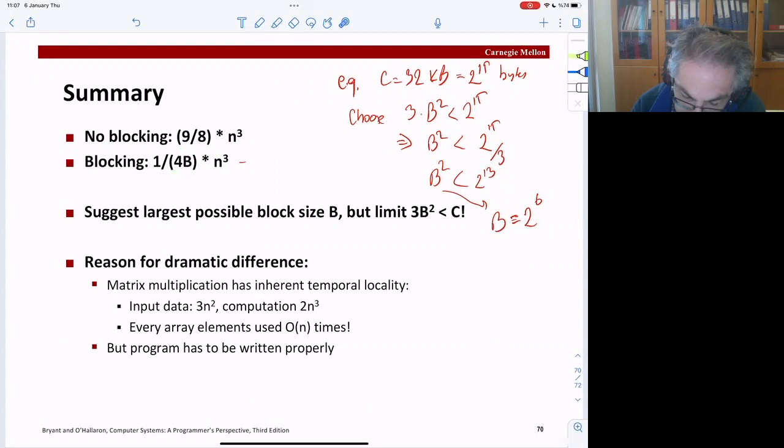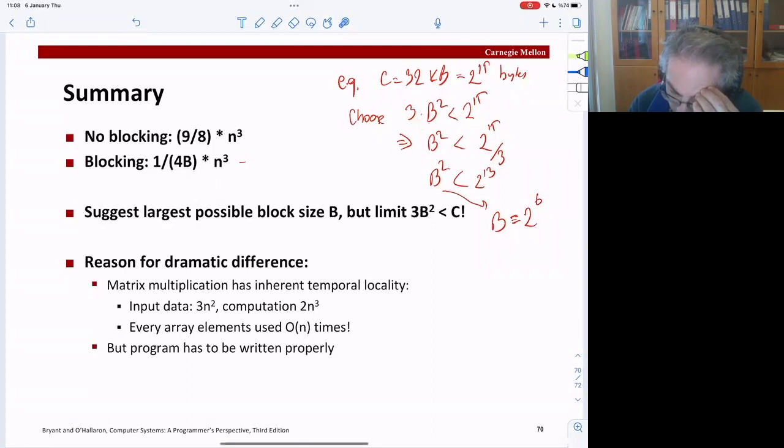Now, what does this correspond to? Let's take, for example, our L1 cache in the i7. The cache size for L1 was 32 kilobytes. This is just an example. 32 kilobytes is 2 to the power 15 bytes. We want to make sure that the 3 mini matrices fit into the cache.